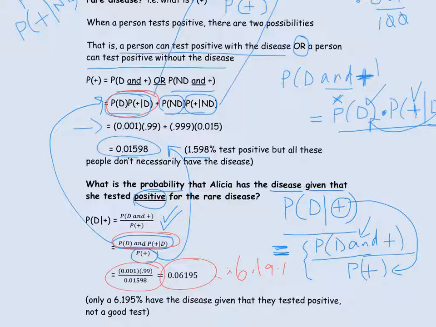Now that is probably not a great test. So this is how a problem of this sort is done. It's a clear pattern. You need to see that. And sometimes we think that we understand the problem, but then when we go down to writing the solution, it gets confusing. So it's a good idea to think through this on your own, write it up, and see if it makes sense.